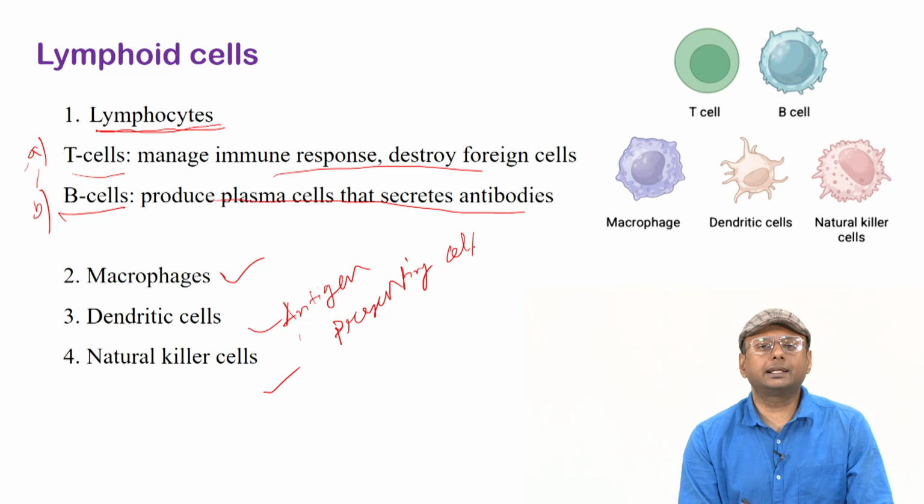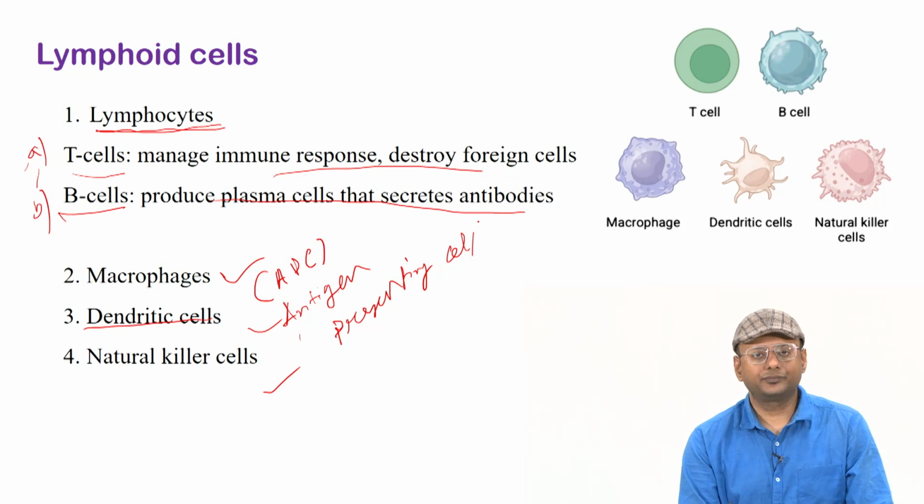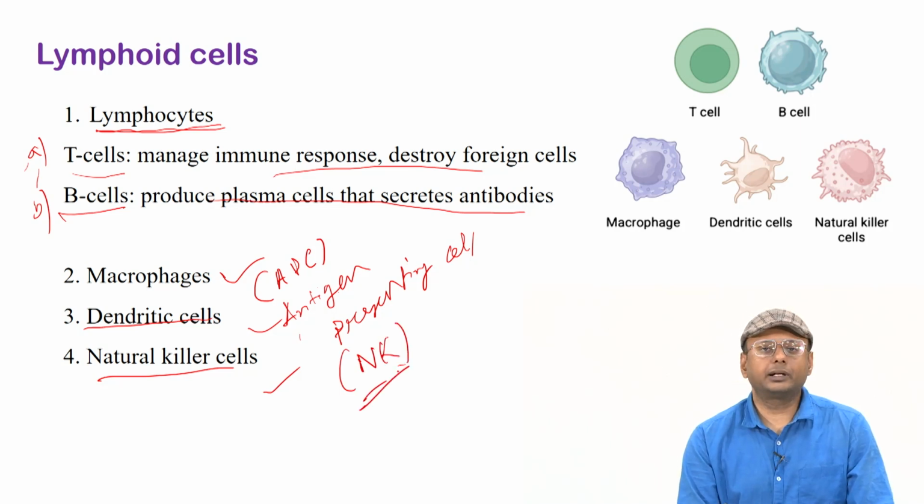So whenever an antigen comes in contact with our body, this dendritic cell, or the APC, which is the antigen presenting cell, presents the antigen to our immune cells, mostly the B cells, and what happens is B cells start producing or secreting antibodies, which eventually destroy those antigens. Okay. And finally the natural killer cells, or the NK cells, are also responsible for destroying different types of foreign particles or toxins.